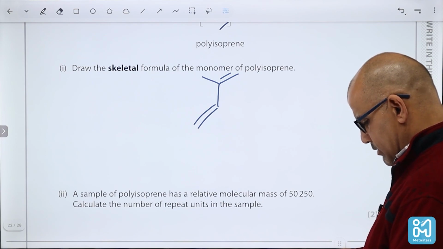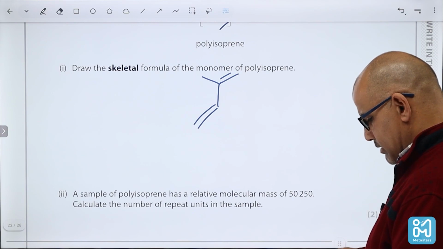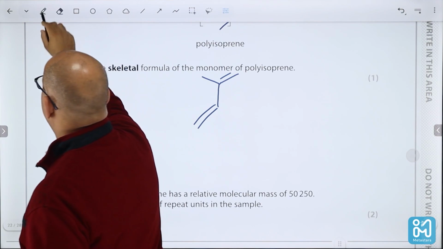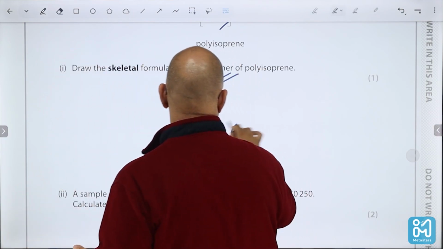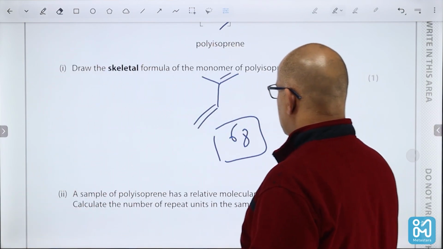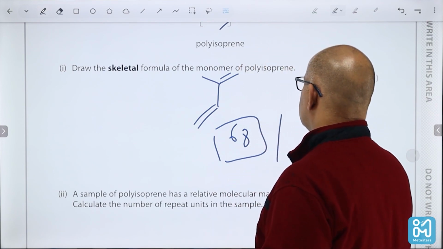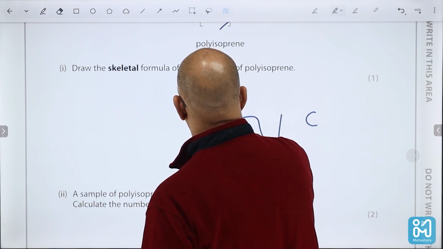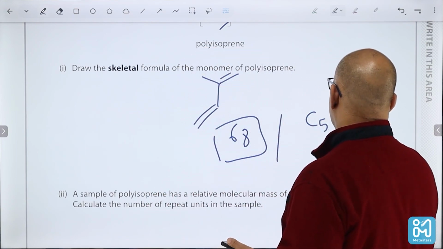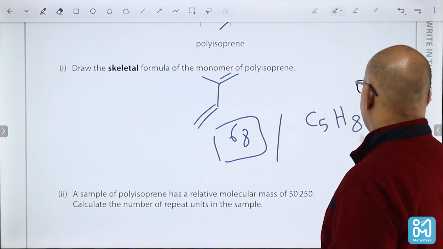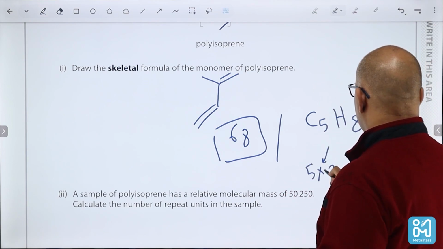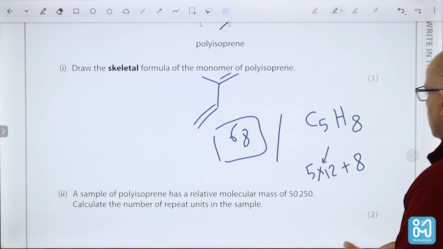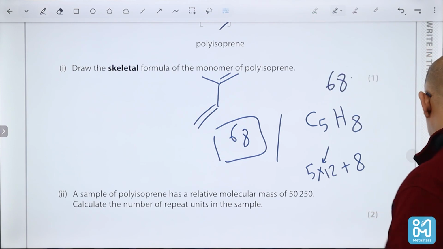The mass of this unit is 68, because it is C5H8: 5 times 12 plus 8. So it's 68.